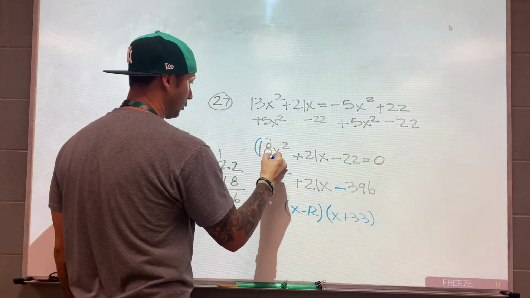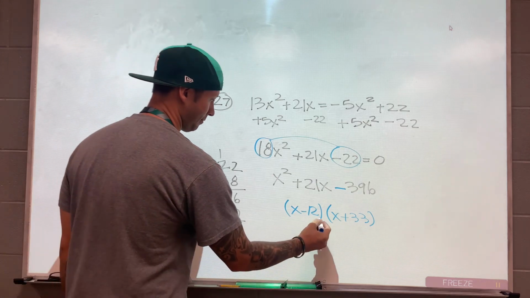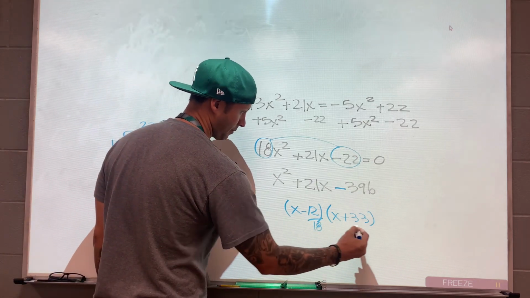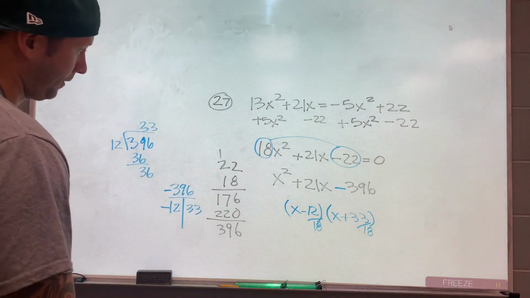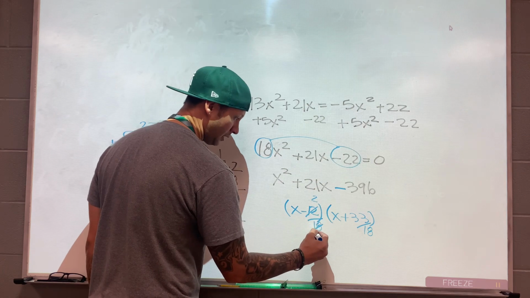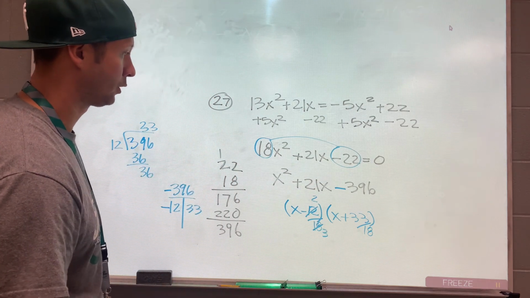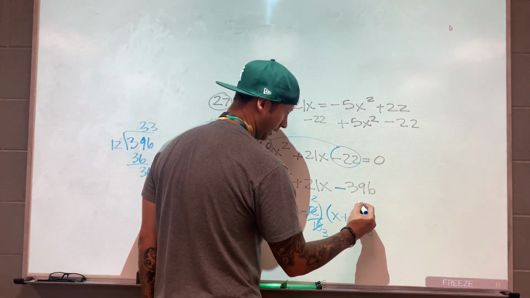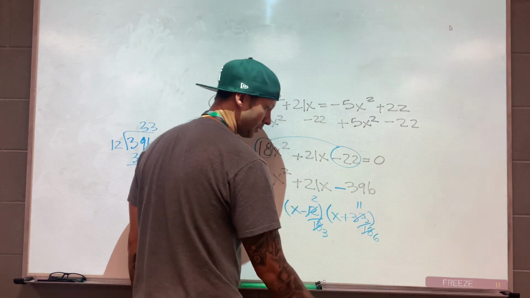Okay, we had multiplied this in, so we need to divide that back out. This is divisible by 6. 6 goes in 12 twice. 6 goes in 18 3 times. 3, I can use 3 here. That's 11. 3 goes into 18 6 times.